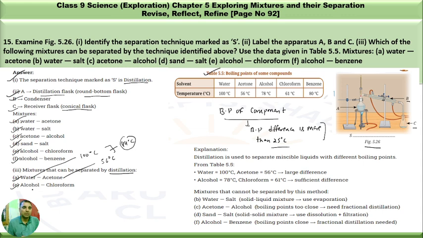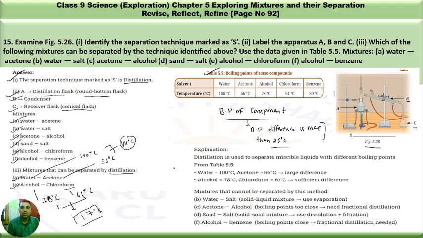The second mixture is the alcohol and chloroform mixture. The boiling point of alcohol is 78 degrees Celsius and the boiling point of chloroform is 61 degrees Celsius. If I find the boiling point difference, it is 78 minus 61, which is 17. This particular mixture is not very properly separable by this method.